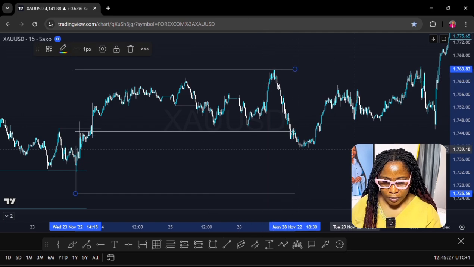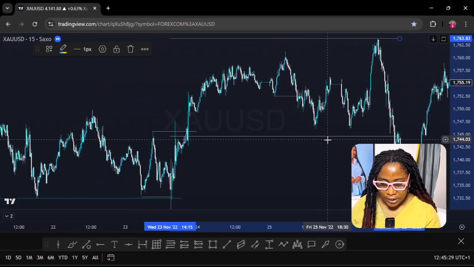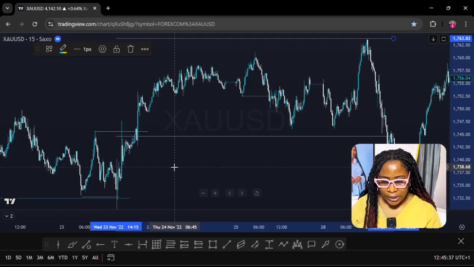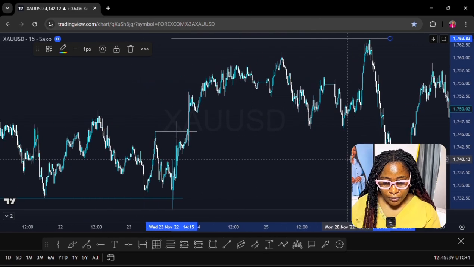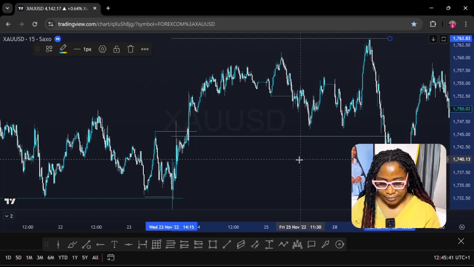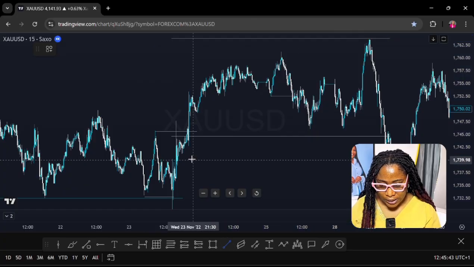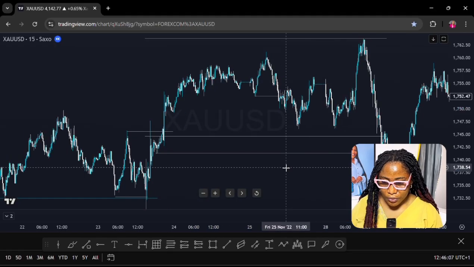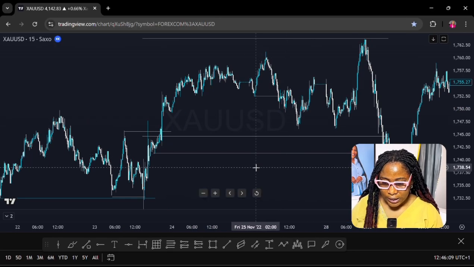Okay, so this pulled back. Obviously, you should not be buying from here. Why? You can see it's not in discount. This area is in the discount. But where price came to, I know there's liquidity here, but I will not be taking this trade.